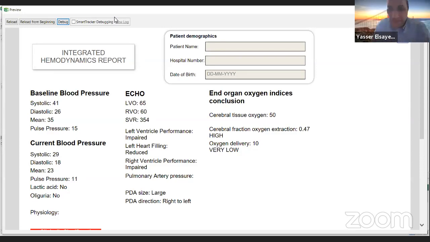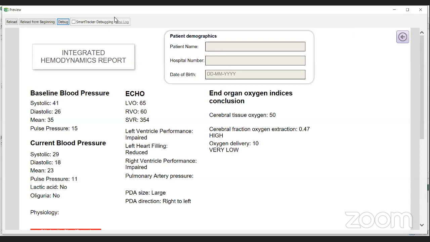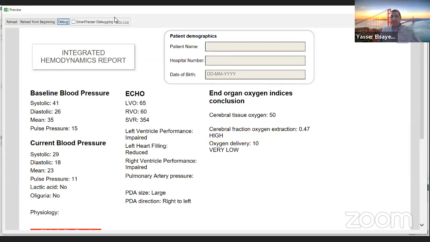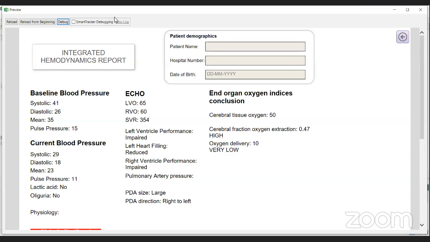I did not get the point. Delayed transition, failure of the transition or failure of adaptation, yes, with PPHN. So is the systemic vascular resistance the main parameter? I don't understand the question.